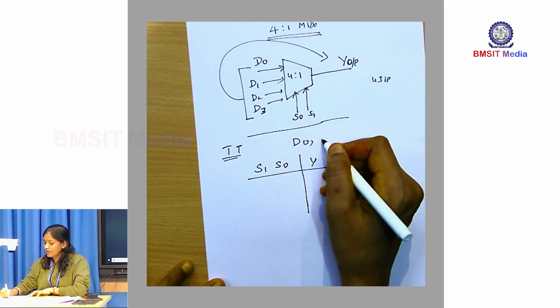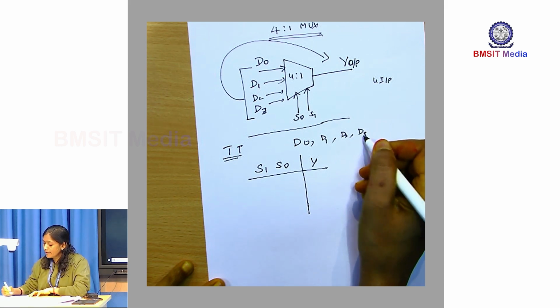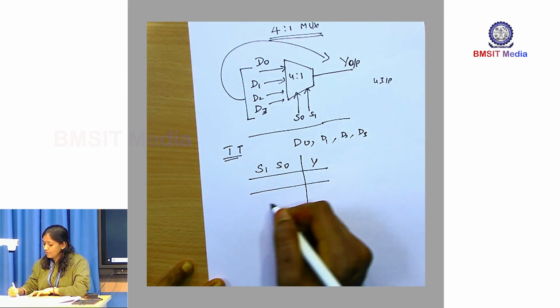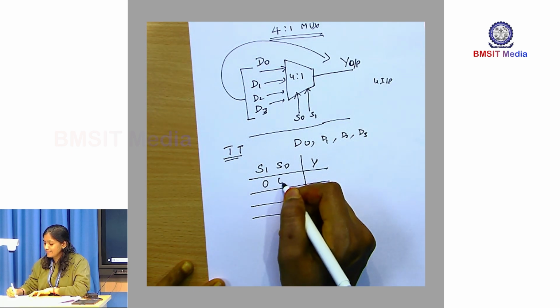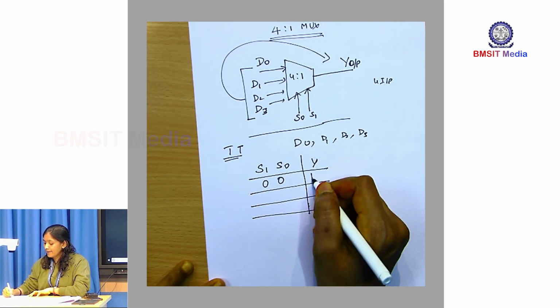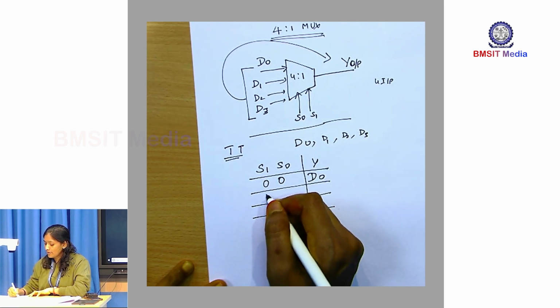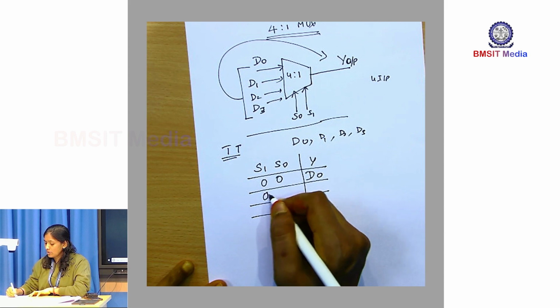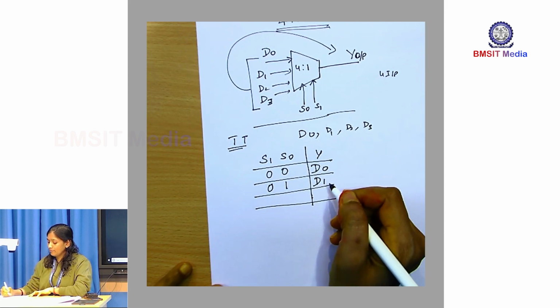We have 4 data lines, that is D0, D1, D2 and D3. How is data selected to the output? Very simple. Whenever both select lines are 0, data D0 is selected at the output. Whenever S1 is 0 and S0 is 1, data D1 is selected at the output.